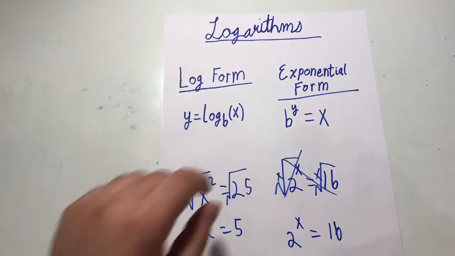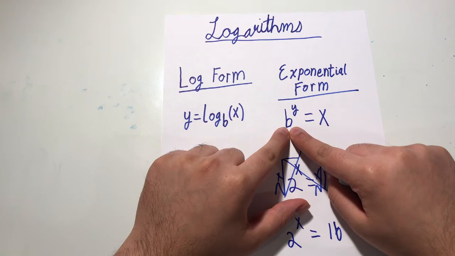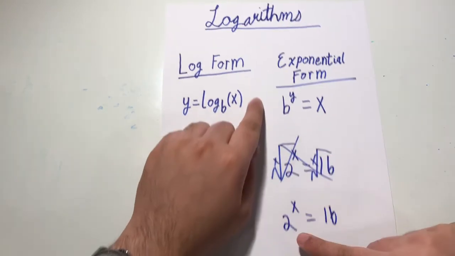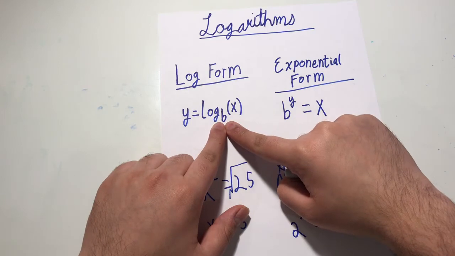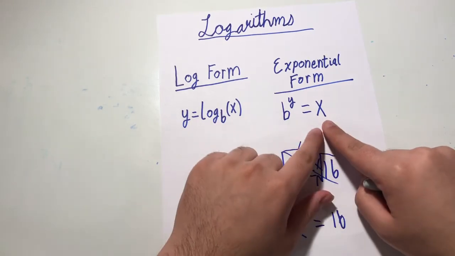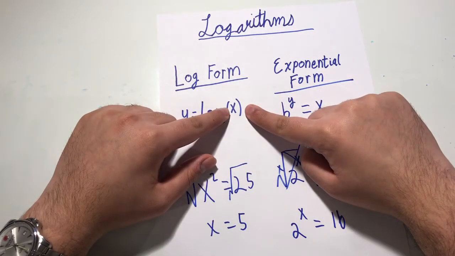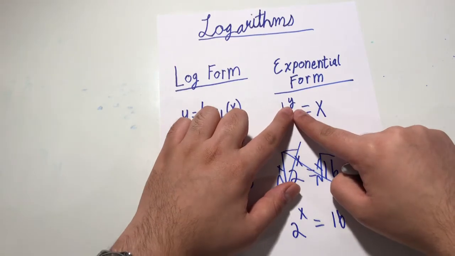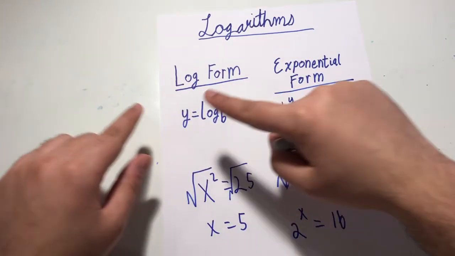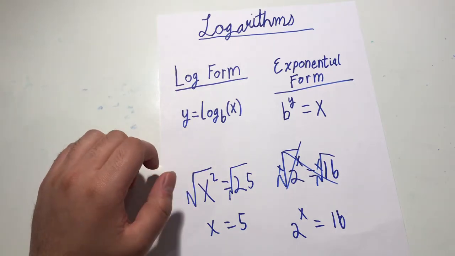And the way you convert it is, in exponential form, the base of your exponent, this number down here, which would be the 2, would become the base of your logarithm. Whatever the answer was before goes inside the parentheses for your logarithm. And whatever the exponent was goes by itself on the other side of the equal sign.